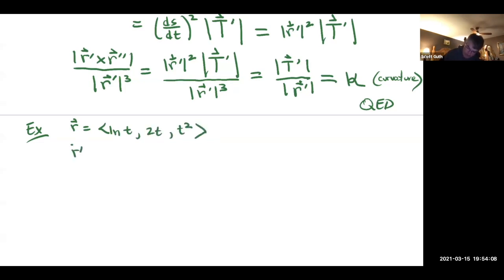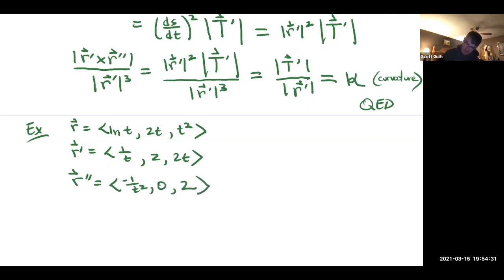R prime is 1 over t, 2, 2t. And then the first time I'll compute R double prime. Okay, so that's going to be negative 1 over t squared, 0, 2. That's nice. No big deal.